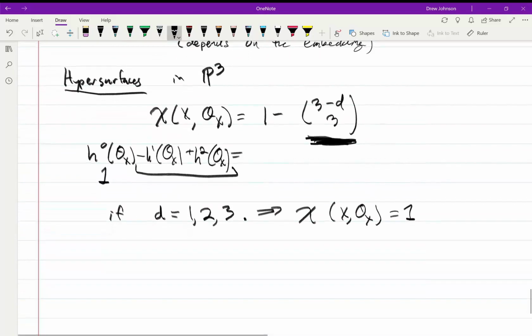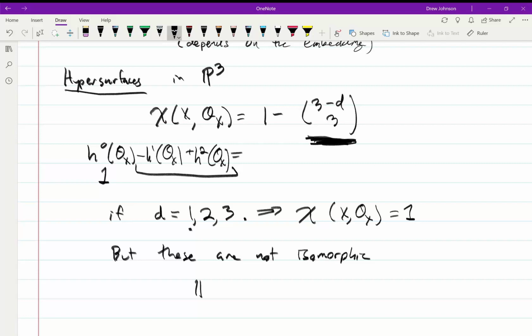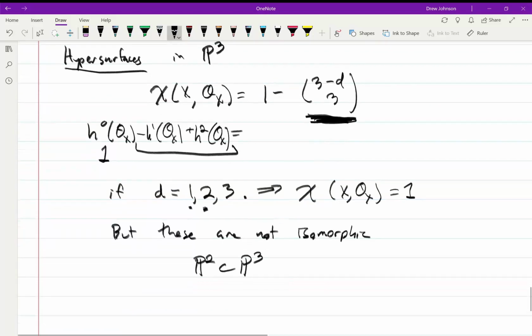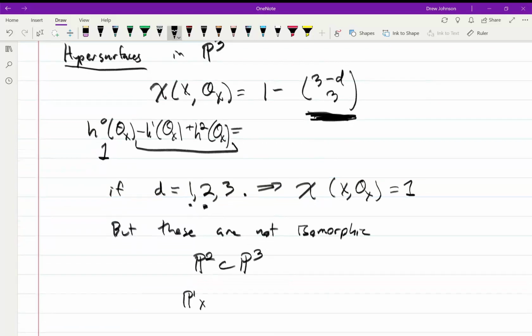So we have 3 different types of hypersurfaces, but it turns out these are not isomorphic. For d equals 1, you just have P^2 included in P^3, a hyperplane section. For degree 2, an example would be P^1 cross P^1 inside of P^3 by the Segre embedding.